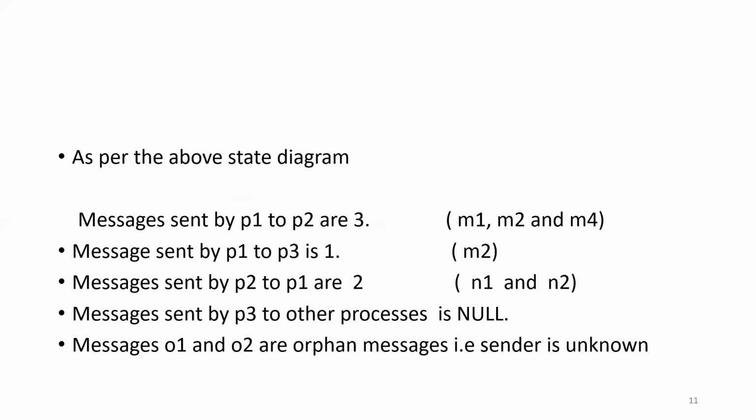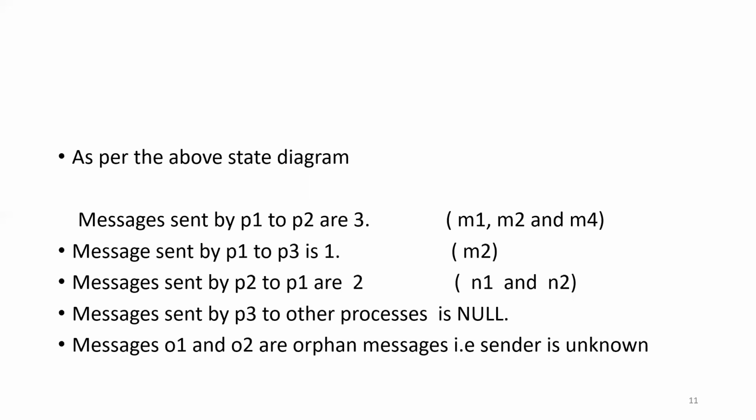So as per the diagram, messages sent by P1 to P2, that is X to Y, are 3. Messages sent by P1 to P3, that is X to Z, is 1. Messages sent by P2 to P1, that is Y to X, are 2. Messages sent by P3 to other processes is null, that is Z to other processes is null.